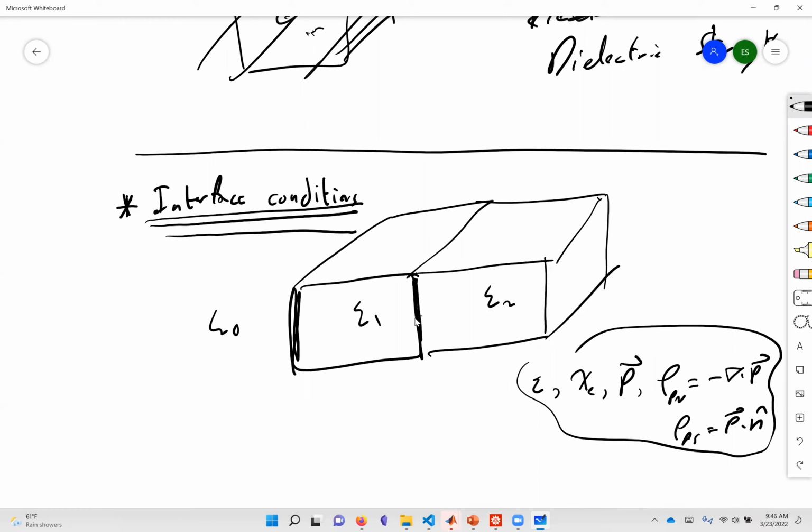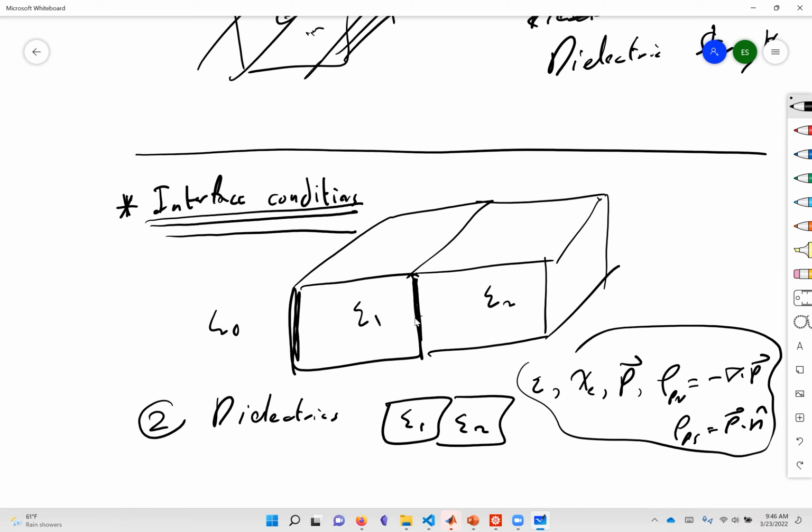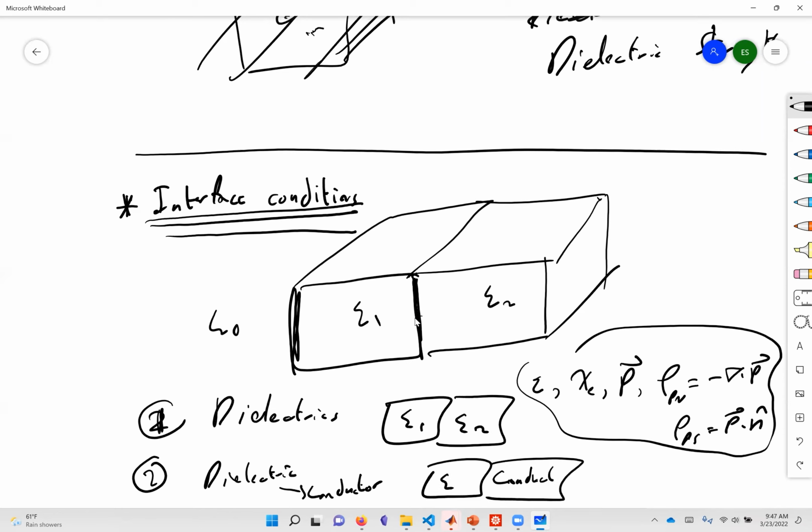And there can be two kinds of interfaces. There can be interfaces between two dielectrics, epsilon1, epsilon2, and then there can be an interface between a dielectric and a conductor. A conductor is not a dielectric.